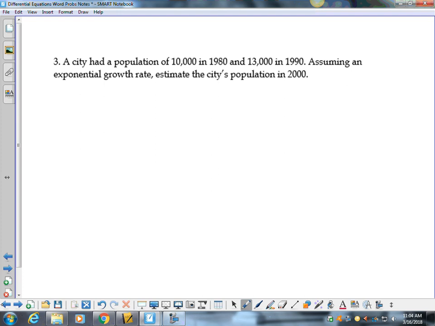So we are exponential growth, so what's our equation? There you go.